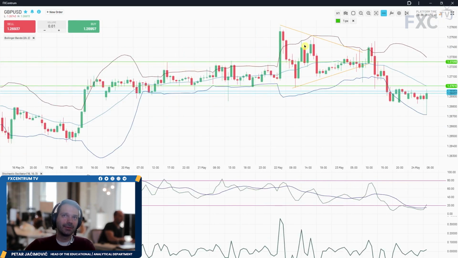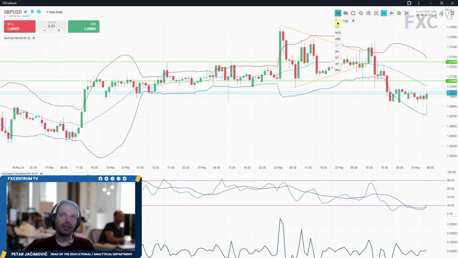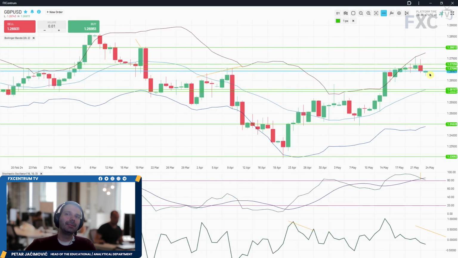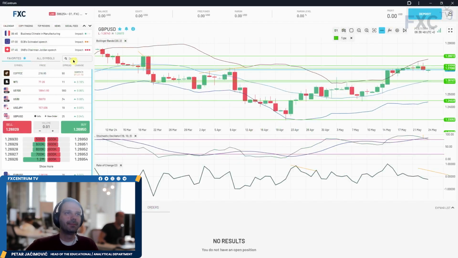You can see here that we broke this and absorbed this buying climax. Here, the market potentially held below the lower Bollinger Band. Now it's doing some natural reaction off the lower Bollinger Band, but so far it still looks pretty constructive, and I see potential for further downside movement in the pound dollar.